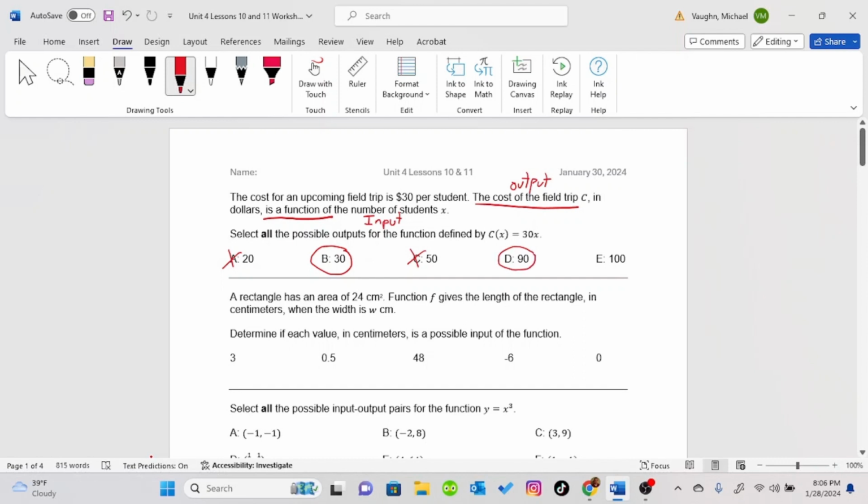And 100 is not a multiple of 30. So for the first question, answers B and D are the only correct choices because they are multiples of 30.